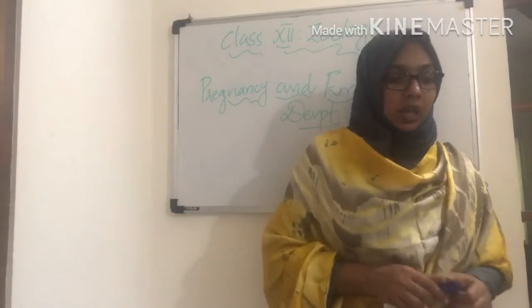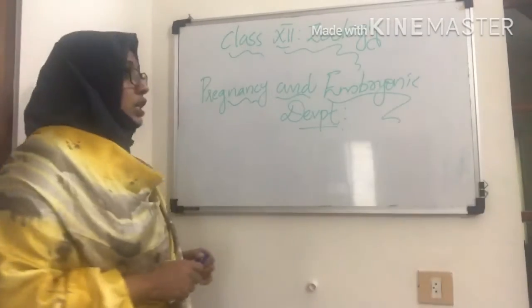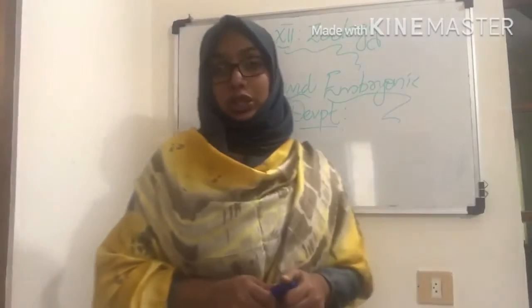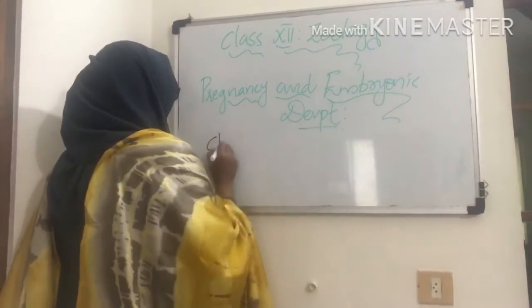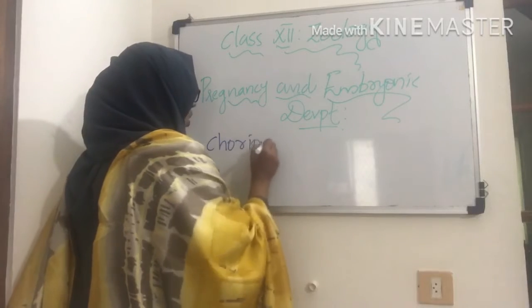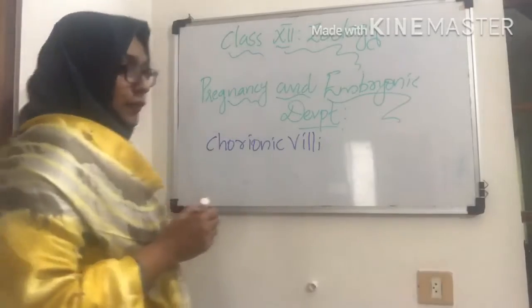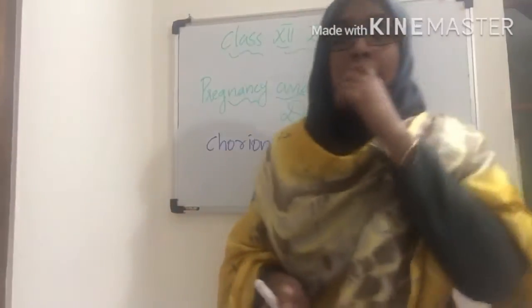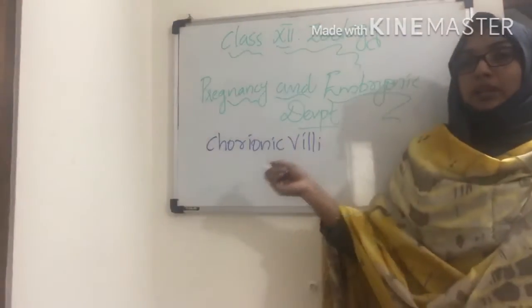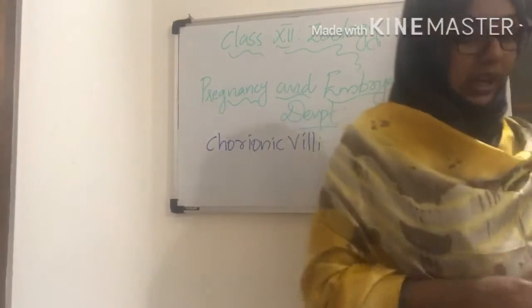We are going in continuation with those terms. Okay. So soon after implantation, small finger-like projections grow on the trophoblast, and they are known as chorionic villi.